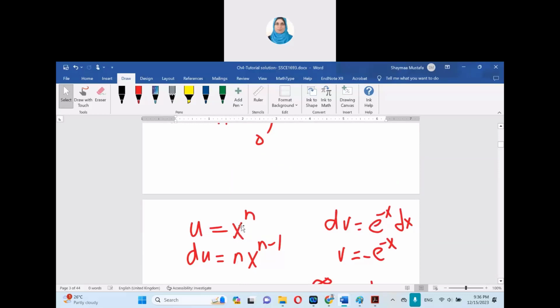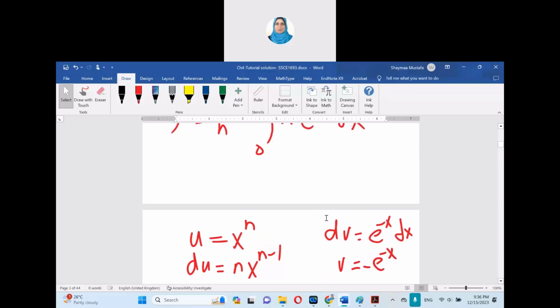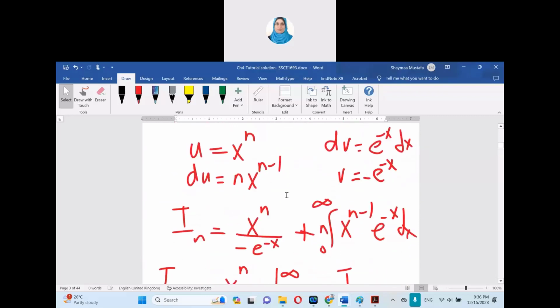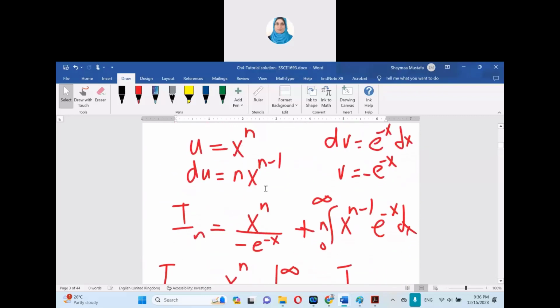When I find the derivative of this one, it is n x to the power n minus 1. This one minus e to the power minus x, like this, right?